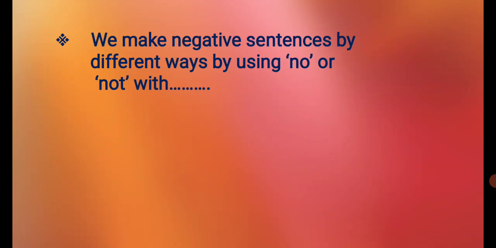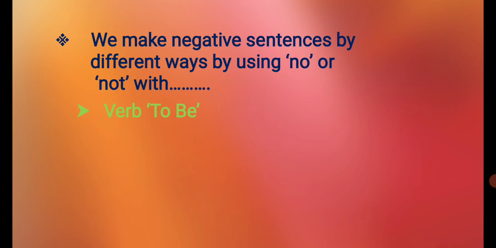So let's move on. Now we have learned that we use no or not with the verb to make the sentence negative, right? So we make negative sentences in different ways, by using no or not with different kinds of verbs. With which kind of verb do we make a sentence negative? Let's see.